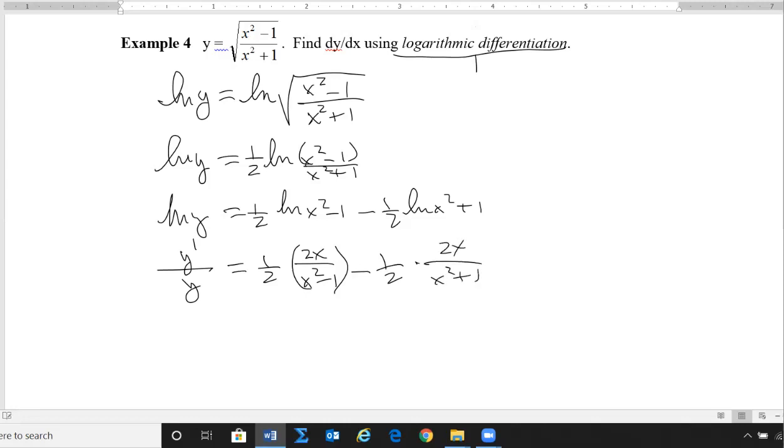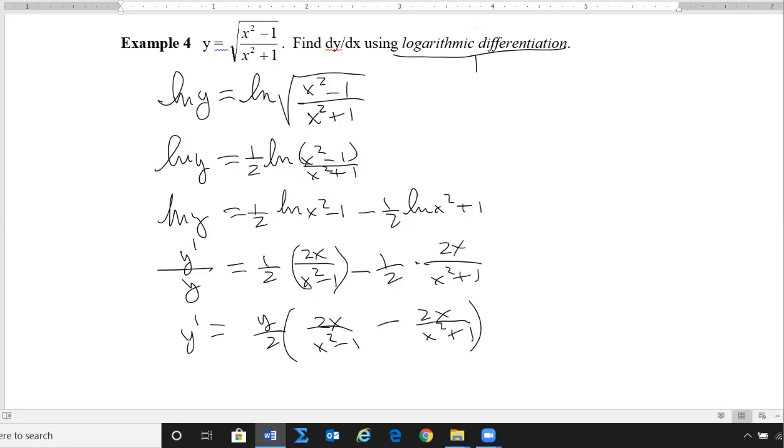So those are the derivatives. That means y prime will be multiplied by y. I'll have a y over 2, and I'll have a 2x over x squared minus 1 minus 2x over x squared plus 1.